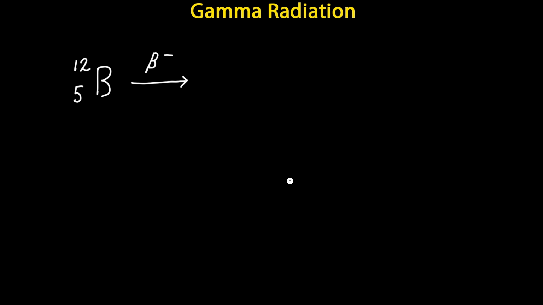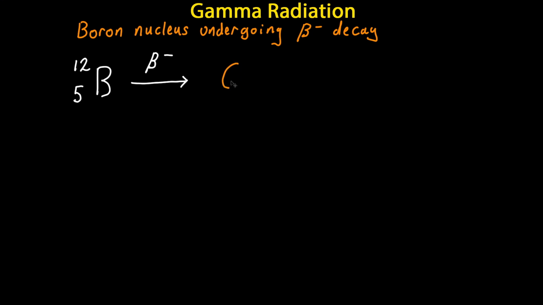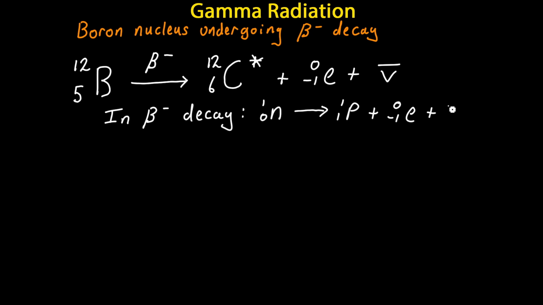Let's say we have a boron atom that undergoes beta negative decay or beta minus decay, giving us a carbon atom and also ejecting an electron and antineutrino. In beta negative decay, a neutron in the parent nucleus always gets converted into a proton.